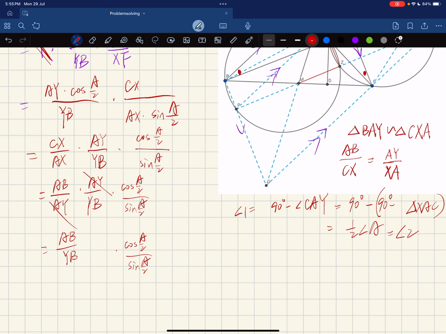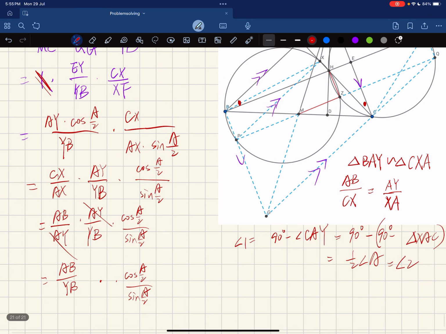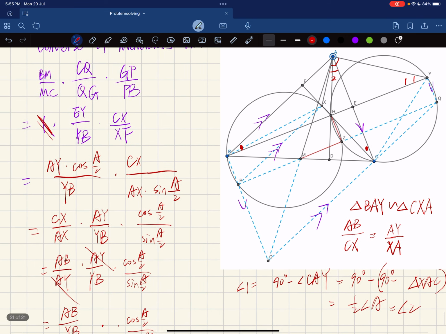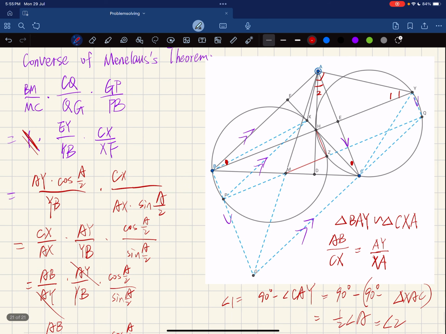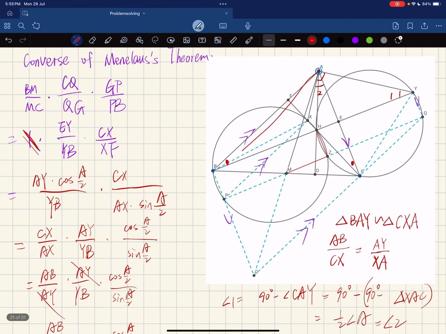So after having this, AB over YB, AB is this segment here, and YB is here. What can we use? We can use the law of sines, right?